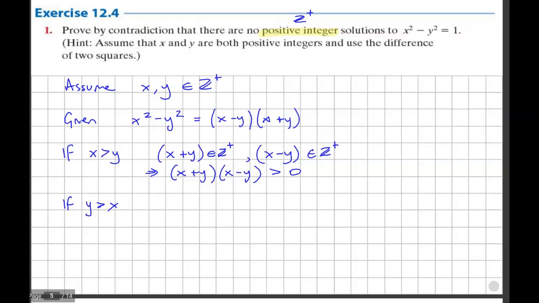If you multiply two positive integers together, and they're not equal to each other, since y is not 0, x plus y is not the same as x minus y, then you're going to get a positive integer.